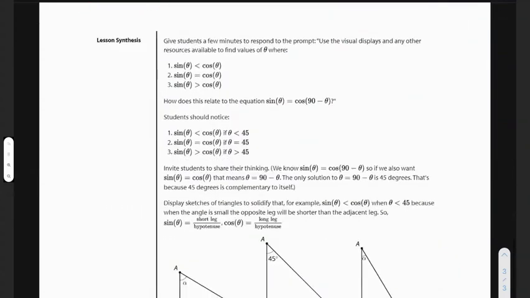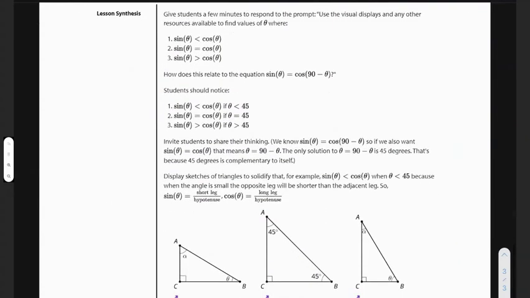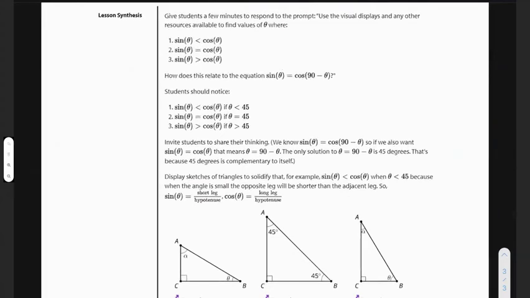All right. So the lesson synthesis, and this is a pretty quick lesson. They are saying three things here. They're saying sine of theta is less than cosine of theta, and they're saying find the values of where that would be true. In this situation, they say if theta is less than 45 degrees.